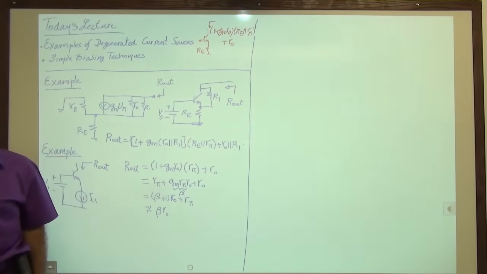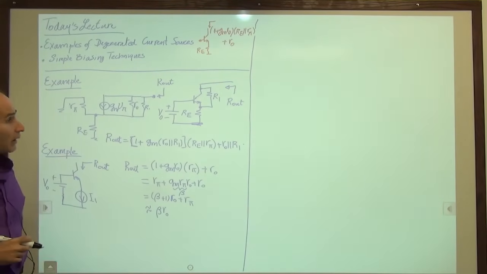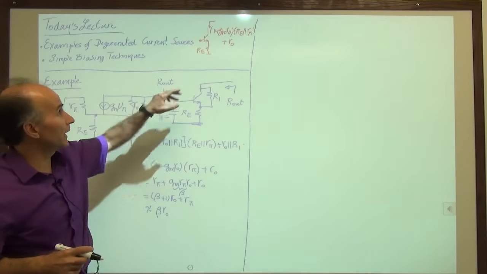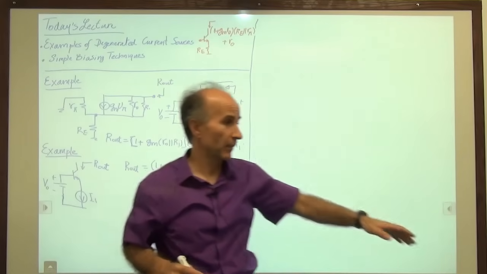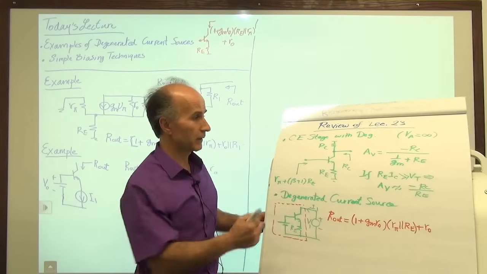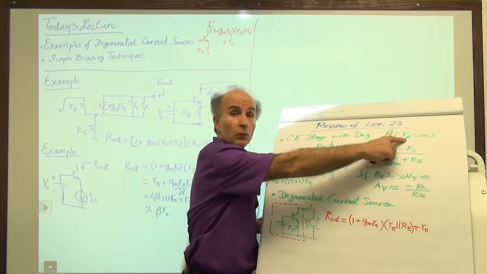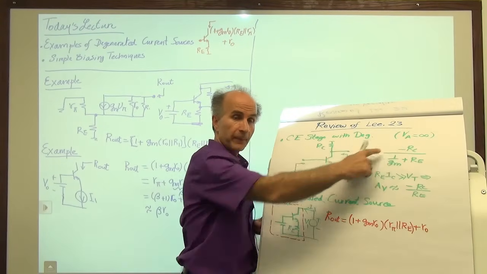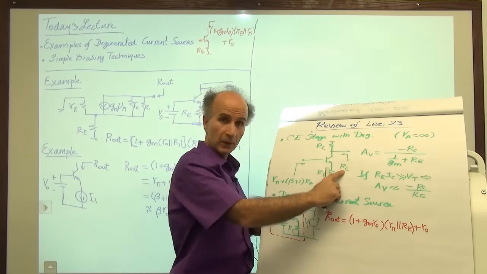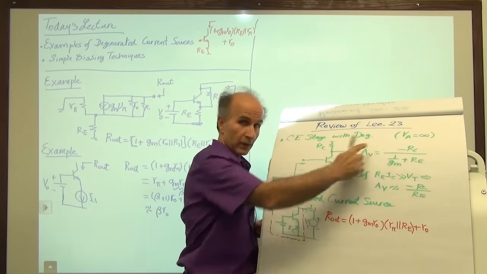Okay, so one other note that I would like to make here is that the results that we obtained for the common emitter stage with degeneration in the previous lecture assumed that the early voltage was infinite. This voltage gain, this input impedance, and this output impedance were obtained under that condition.